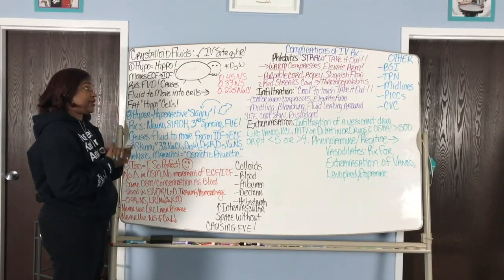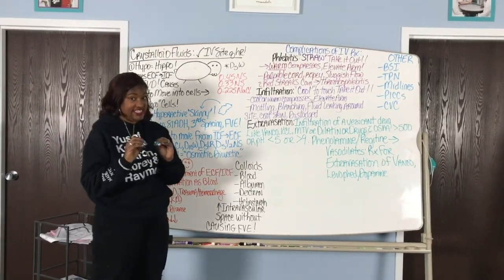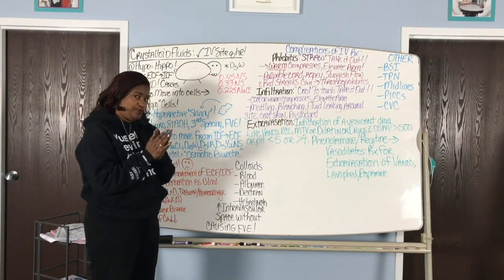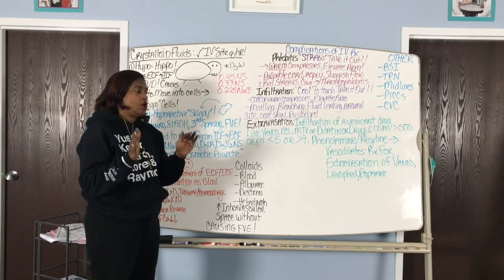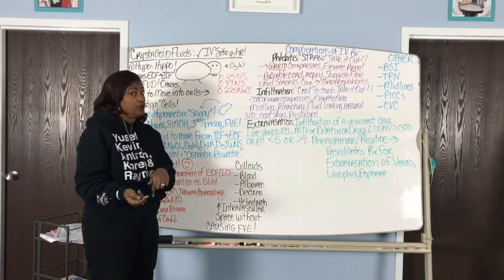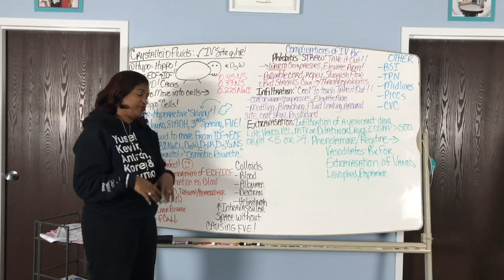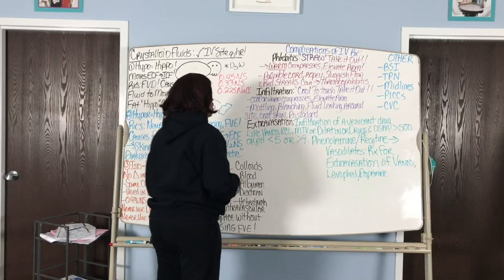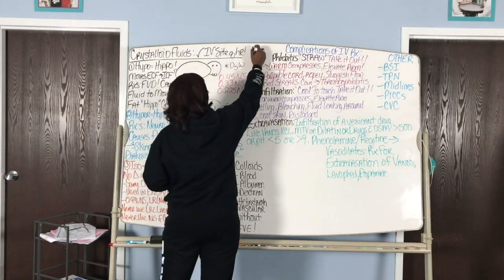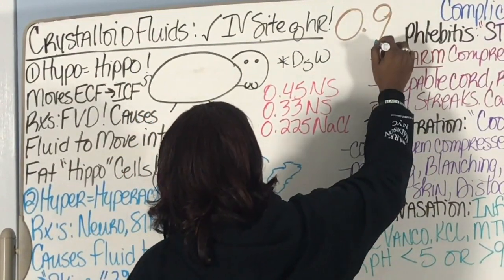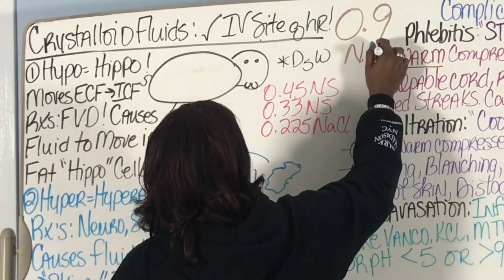Now I gotta tell you, this is kind of easy. If you think of hypo always meaning low, you kind of got to know that this applies as well, but you got to start at normal to know where low is. Let's start with normal. Normal is like isotonic, right? So watch this. Normal IV fluid solution is typically 0.9% normal saline.